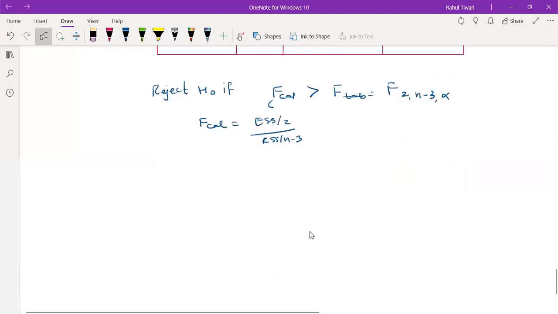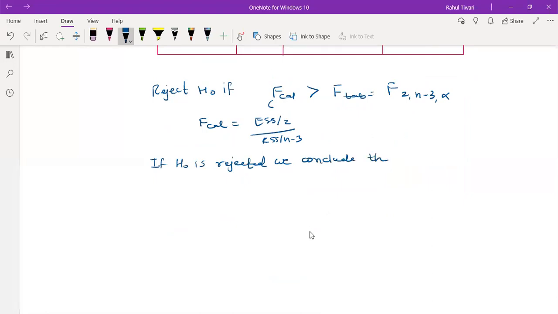And we can write this result. If H naught is rejected, we conclude that beta 1 and beta 2 are significant.